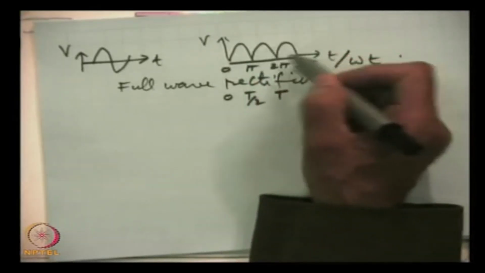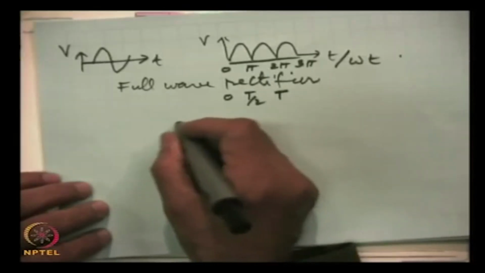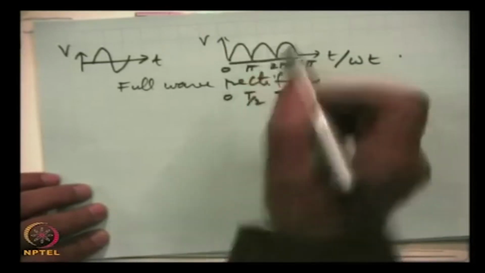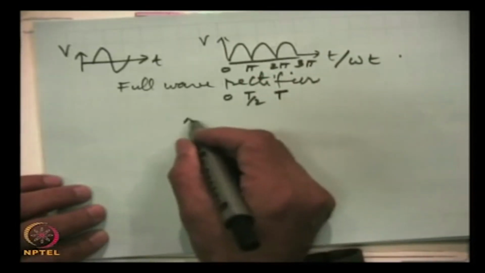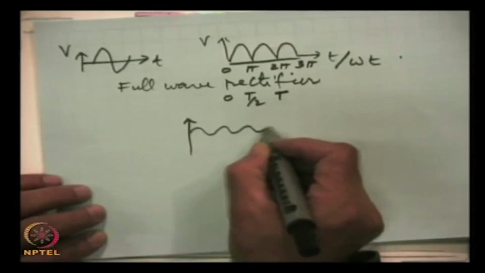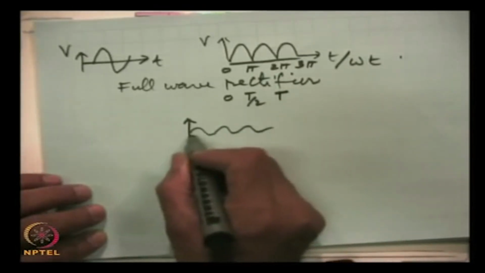This voltage wave can actually be seen as containing a DC part and an AC part. Here this is the AC part, and there is a DC part.